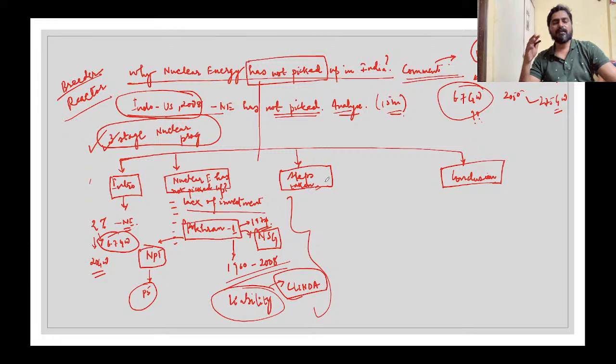You can mention that we have developed our first stage indigenously. In the three-stage nuclear program, that is pressurized heavy water reactors. Most of our nuclear reactors are pressurized heavy water reactors, and we have developed them indigenously. We have also developed experimental breeder reactors for the second stage and the third stage.